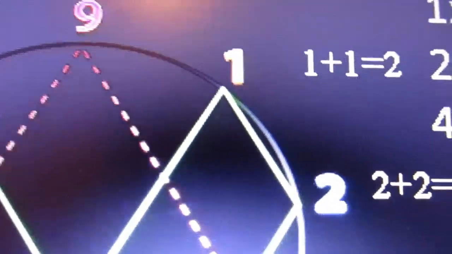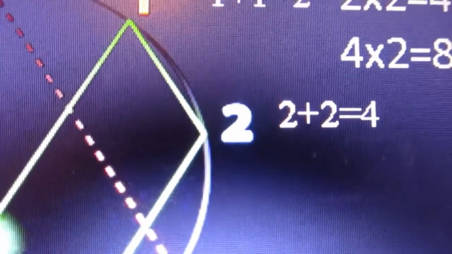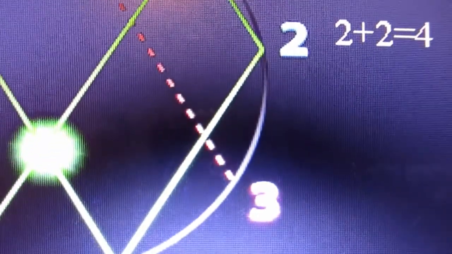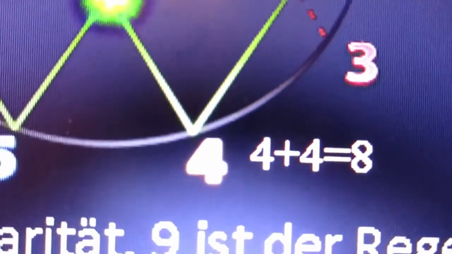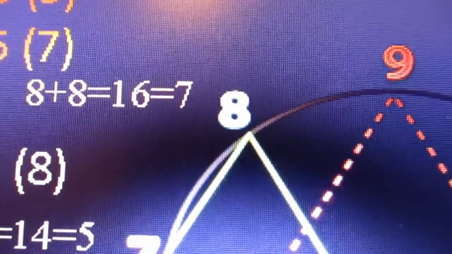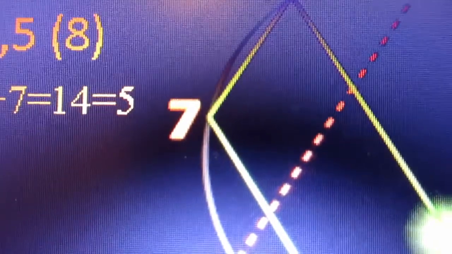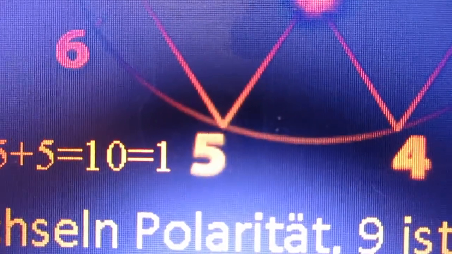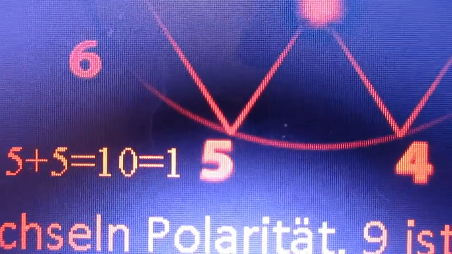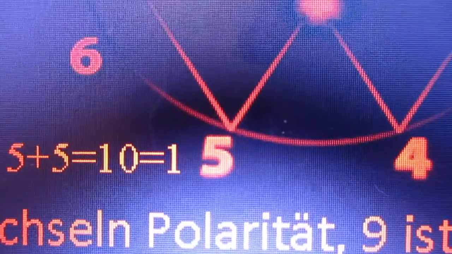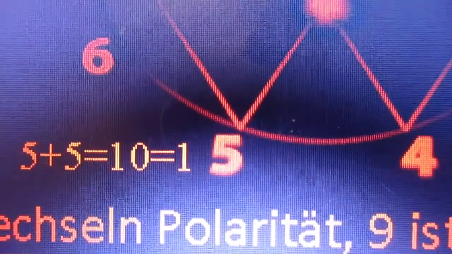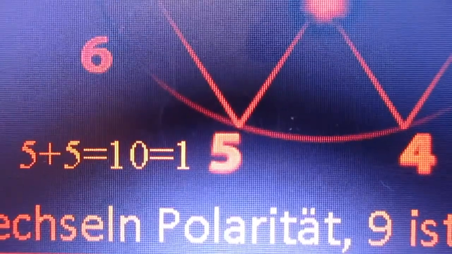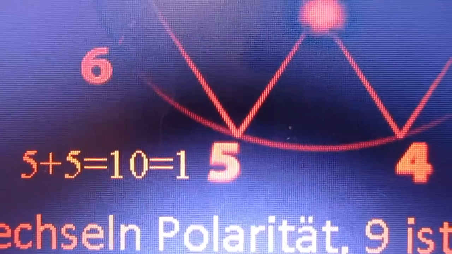2 is 2 times 2 is 4 times 2 is 8 times 2 is 16. Counted together you end at number 7. 8 is 16, so that's 7.